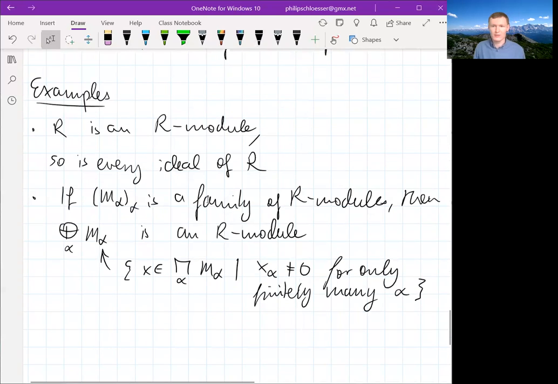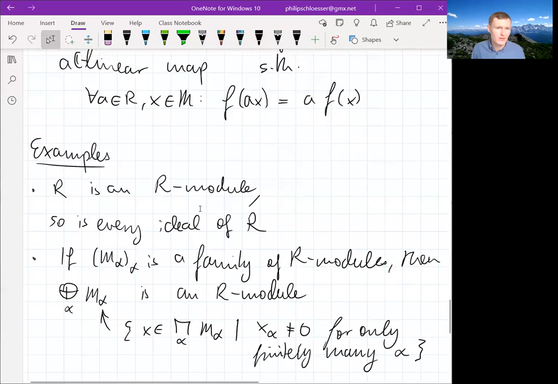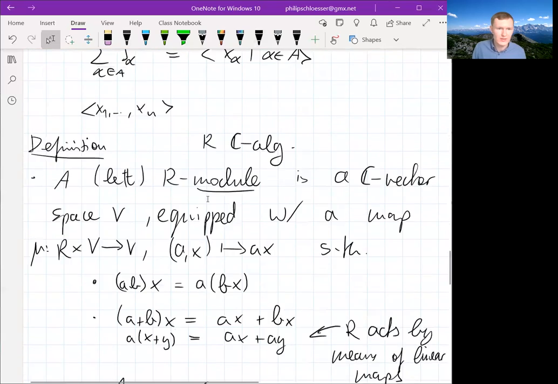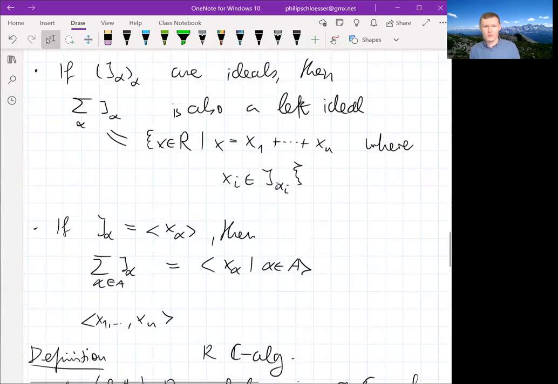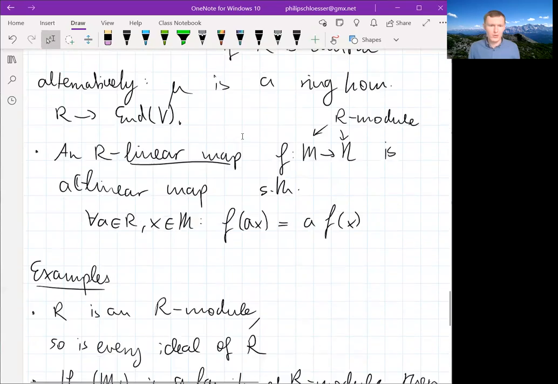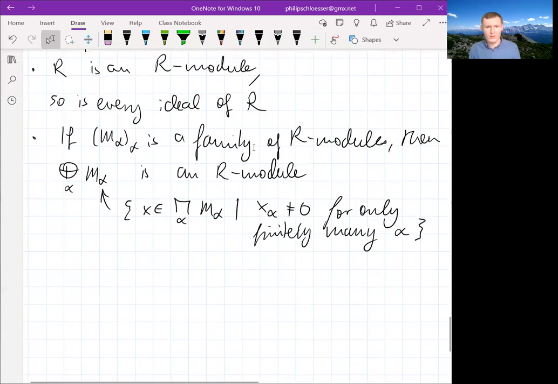So that in effect, every element of this direct sum can be written as a formal linear combination of elements of the M alpha. Note that we can't use a simple argument as we used for the definition of the sum of ideals, just because we don't have some overlying module that they are all part of.